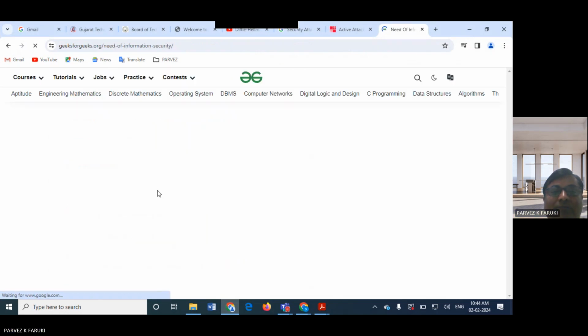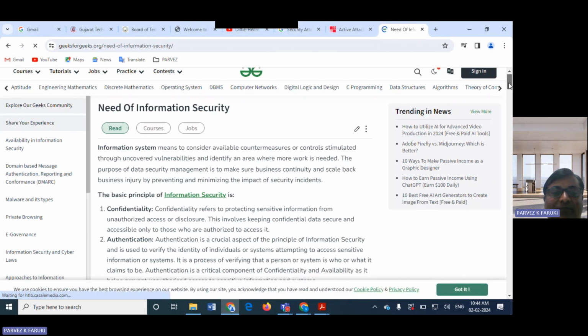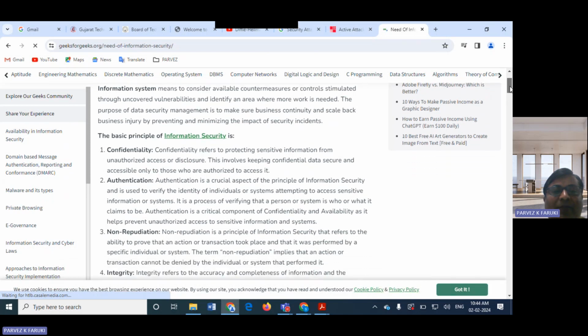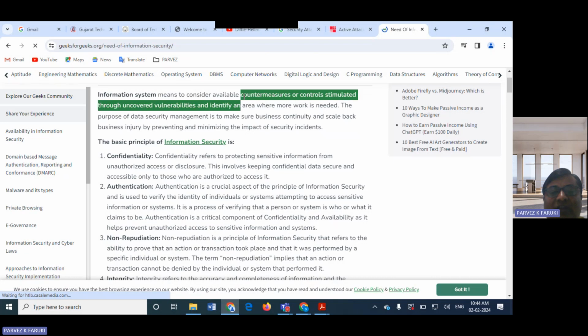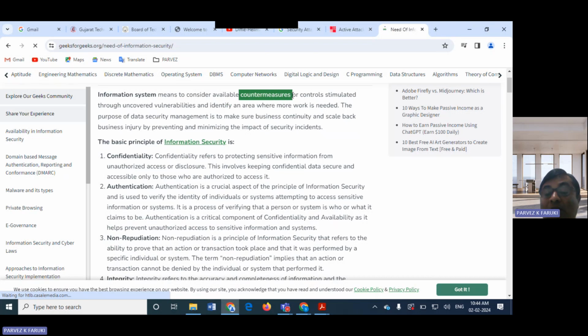So let's just look at certain attributes. Information system means to consider available countermeasures. So a security service provider has to have measures or countermeasures in place wherein the system is able to ensure that its client data is protected.